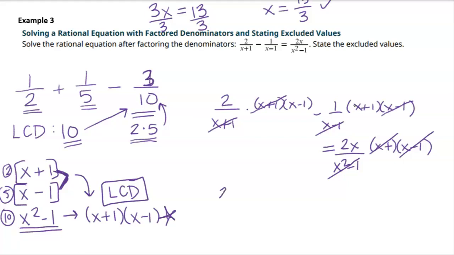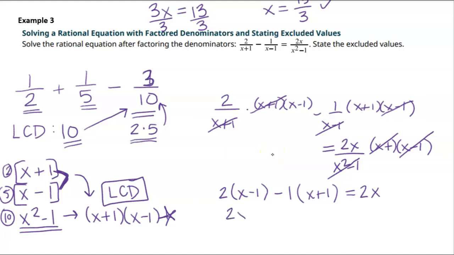That means on the left-hand side, I have 2 times x minus 1 minus 1 times x plus 1 is equal to 2x. I want to make sure that I distribute this appropriately and then solve for x.